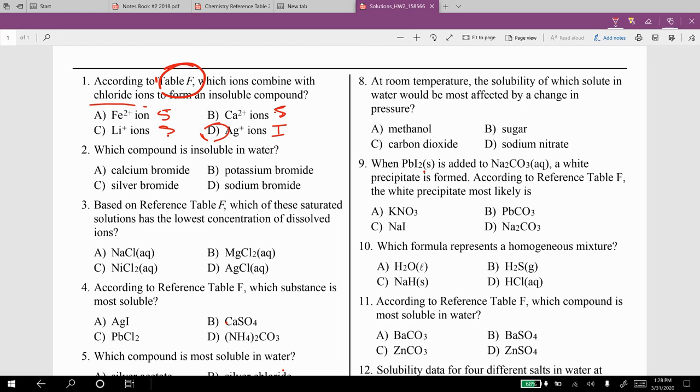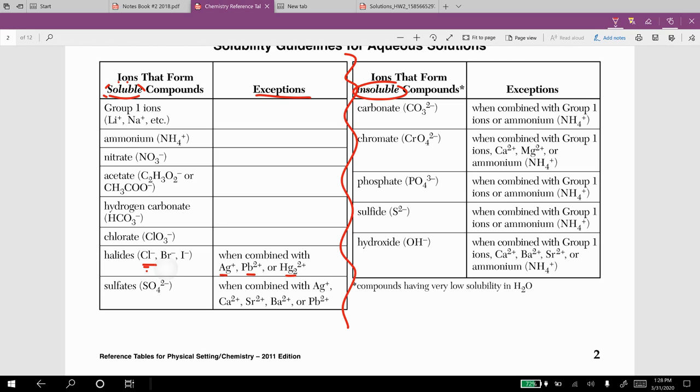Okay, so which compound is insoluble in water? So not soluble. So I have bromide, bromide, bromide, bromide. I'm going to be looking at bromide, and I'm going to see which one of these is insoluble. So back to my reference table, I'm looking at bromide now. And which one's going to be insoluble?